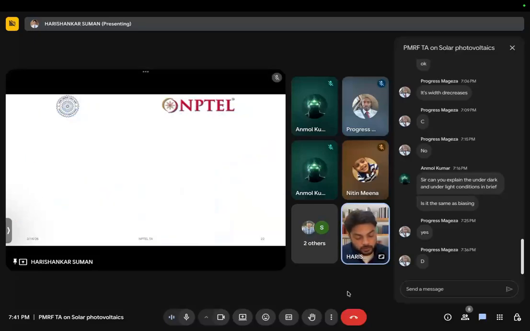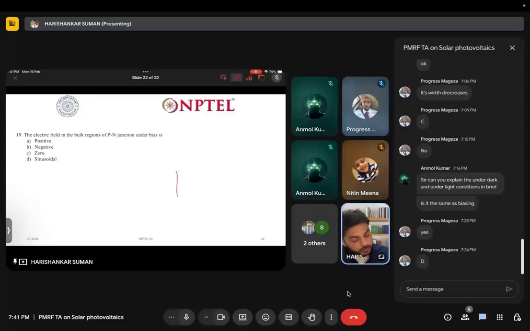So let's move to the next question. The electric field in the bulk region of a PN junction under bias. Bulk: where is the bulk? Let me show you. This is P, this is N, this is the depletion region.